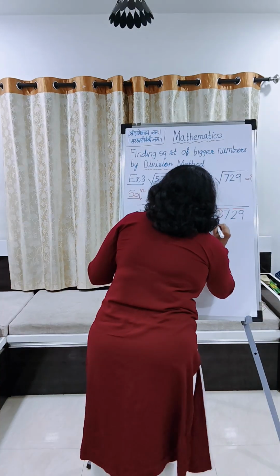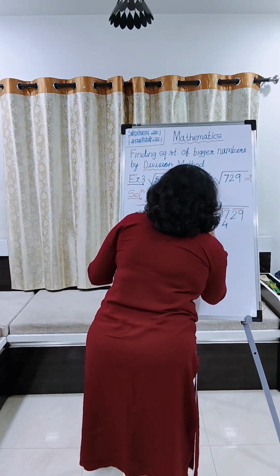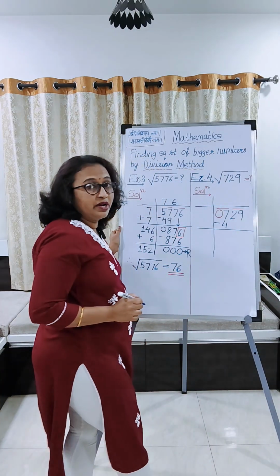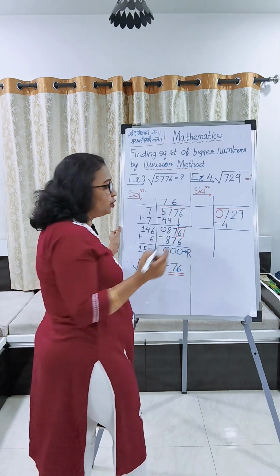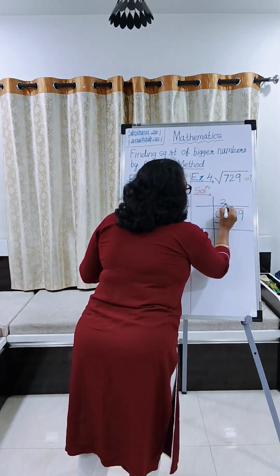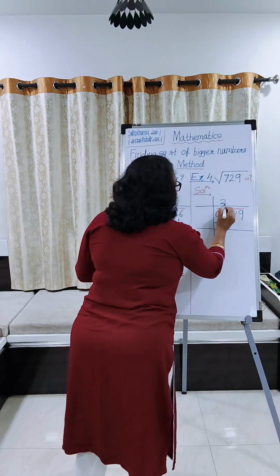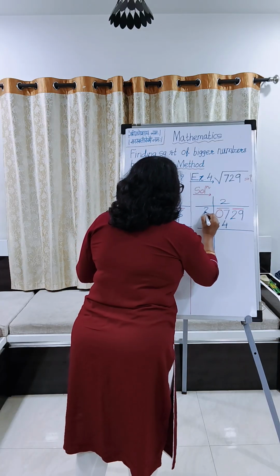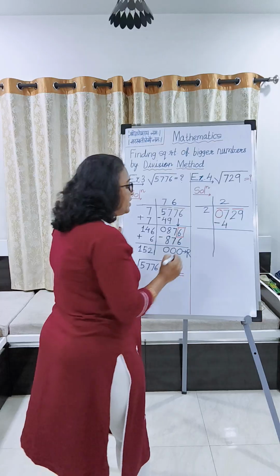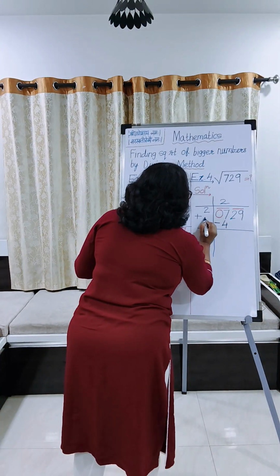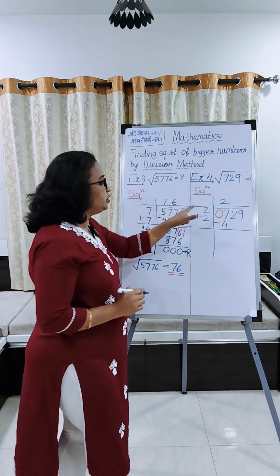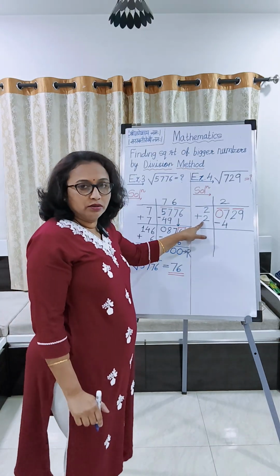4 from this 7. And as it is the square of 2, we will write 2 here at the quotient's place. Then it will be here at the divisor's place, and one more time below this divisor number.